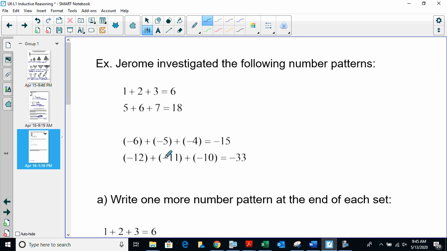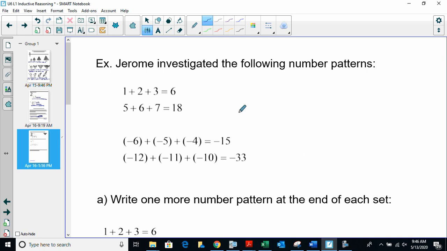And then we take a look at -6, -5, -4, which is -15, which is triple the middle number. And then the last one, -33, is triple the middle number, -11.